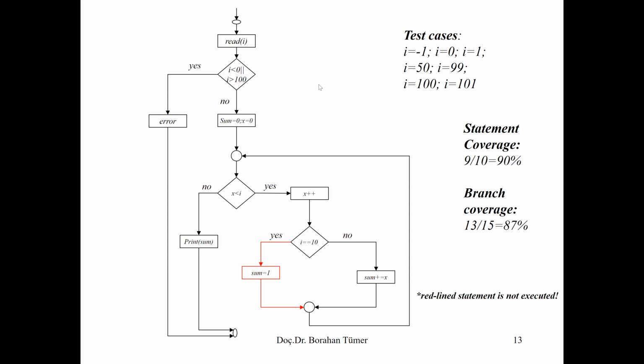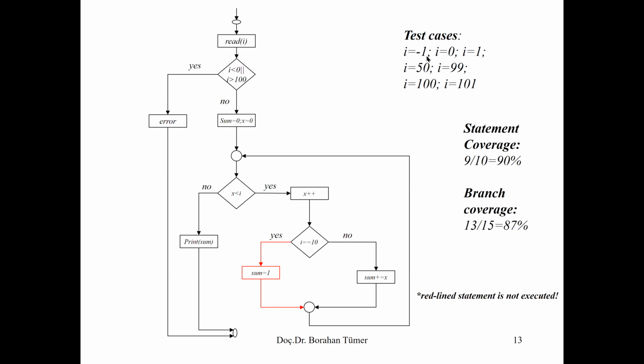Okay. Well, now let's do the same thing for the branch coverage. Let me show you, for example, for -1, when we go through the same execution path through this one.